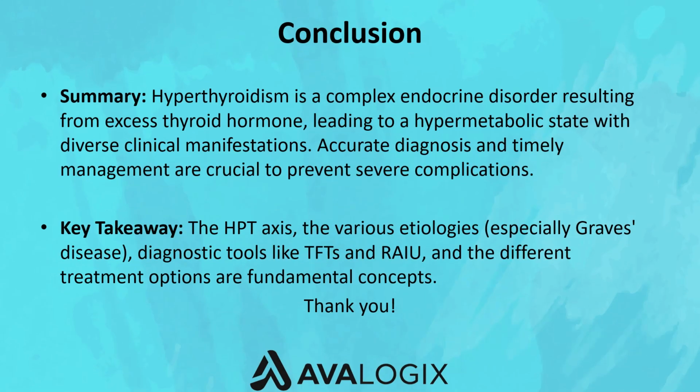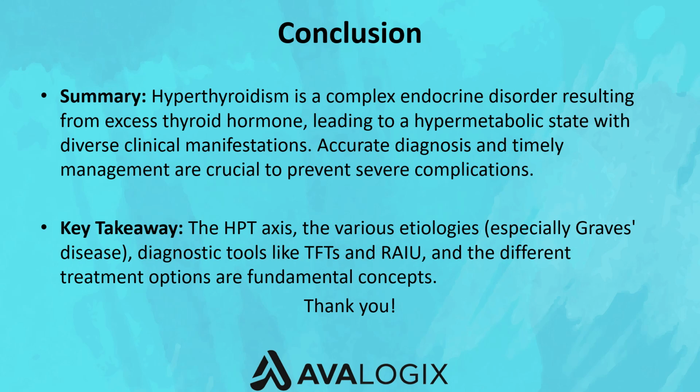To wrap up, hyperthyroidism is a condition where the thyroid gland goes into overdrive, producing excess hormones that affect almost every system in the body. It can stem from autoimmune causes like Graves' disease, structural issues like nodular goiter, or even inflammation from thyroiditis. Understanding the HPT axis, the mechanisms behind hormone regulation, and the symptom profile is crucial, not just for exams but for real-life clinical reasoning.